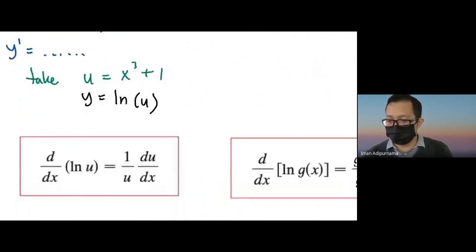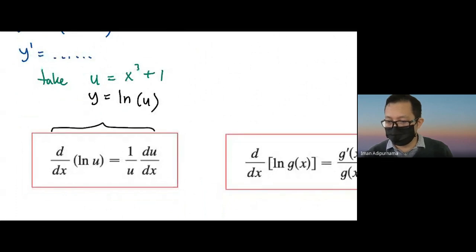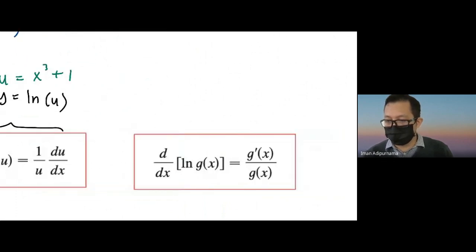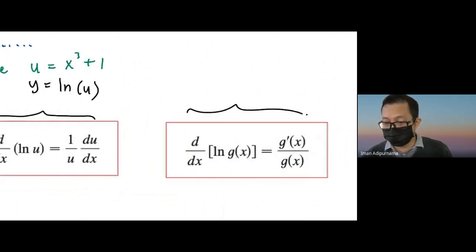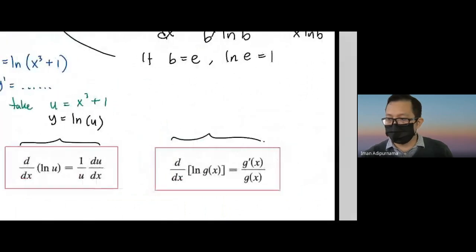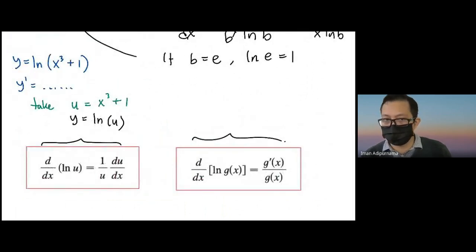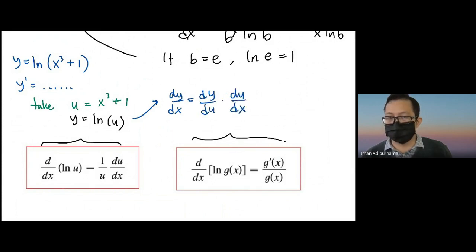So we have dy dx is equal to dy du multiplied with du dx. In this case, dy du is 1 over u, so 1 over x cubed plus 1, and then du dx is 3x squared.